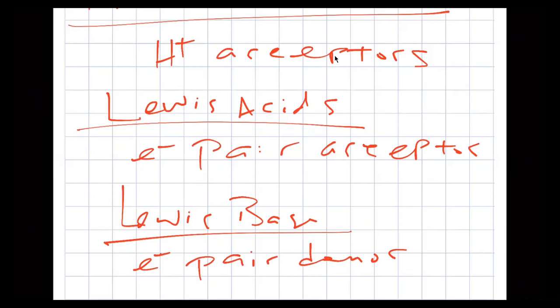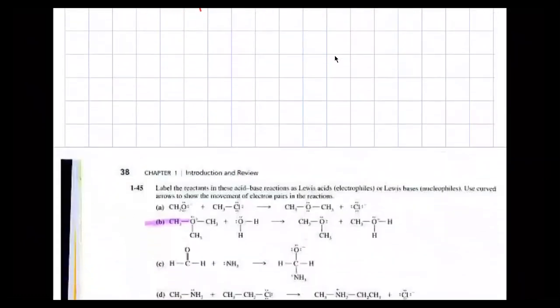So let's go back and look at a simple Bronsted acid base. Let me add a page in here. Let's look at just a simple acid base, and let me use a real acid and a real base.